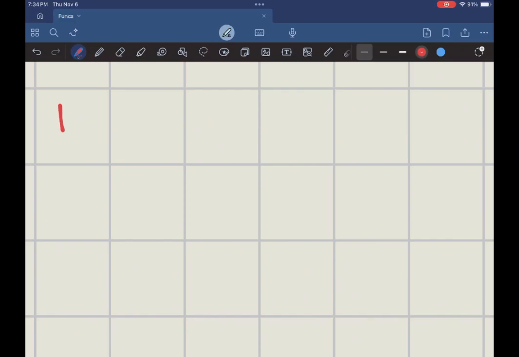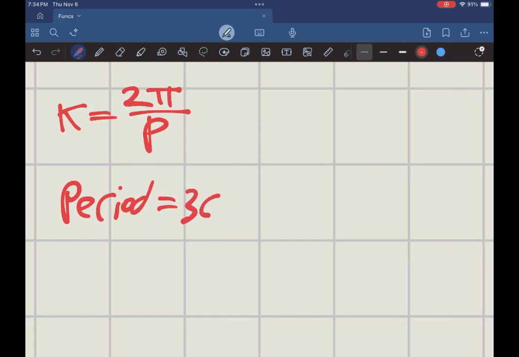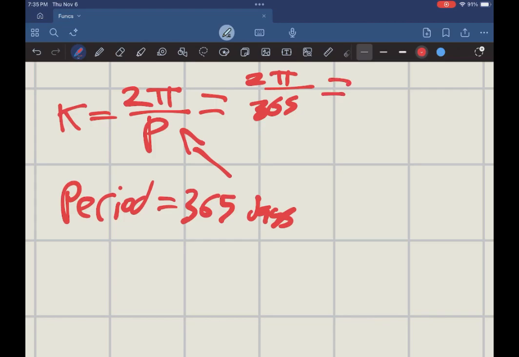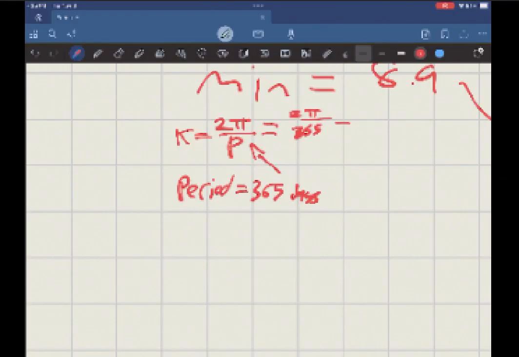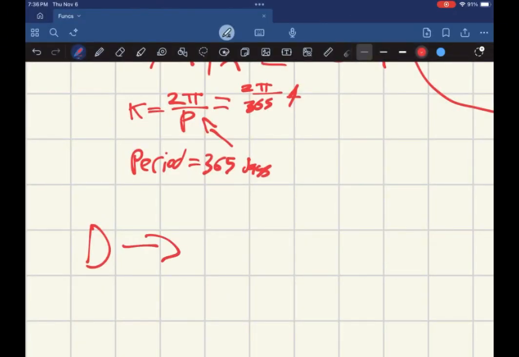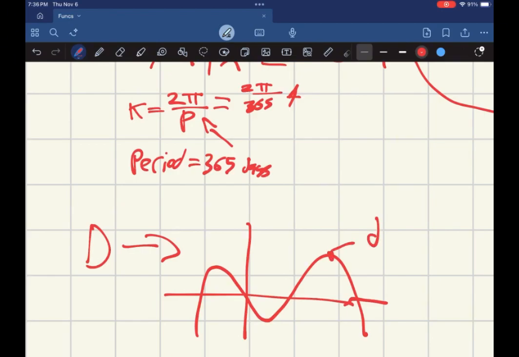Step 3, we find the period, or the k value. Since we know 1 year is equal to 365 days, the period will be 365. The formula for k is 2 pi over the period, so the k value will be 2 pi over 365. Now for the d value, we'll just use the cosine function since daylight peaks at June 21st, or day 172.